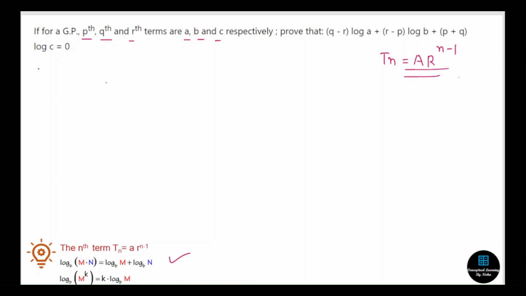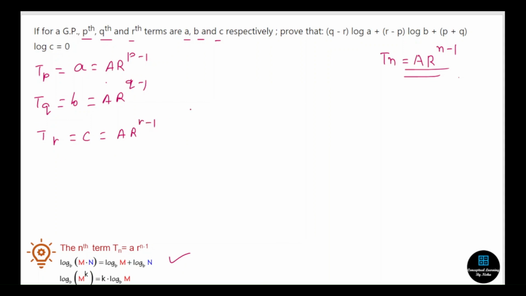So the pth term, Tp equals a, which equals A r raised to p minus 1. Tq equals b equals A r raised to q minus 1, and Tr equals c equals A r raised to r minus 1.